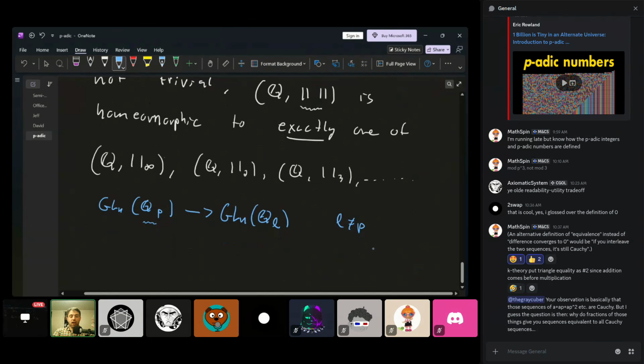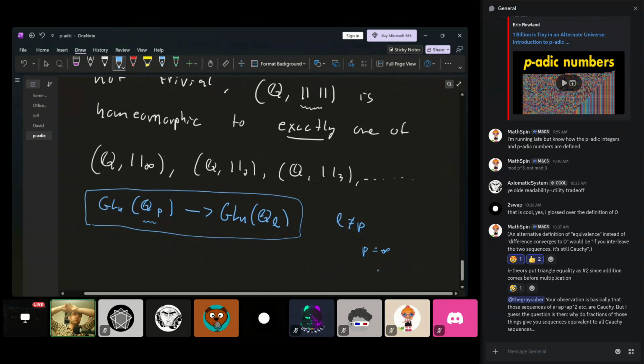Basically, the theories are identical for looking at the representation theory here. And p, by the way, in this case, could also be infinity, like the real numbers. Just because the topologies are so incomparable, if you're familiar with Lie theory, you might want smooth or continuous maps, since these are topological spaces. And so somehow it's all sort of uniform if l is not equal to p.